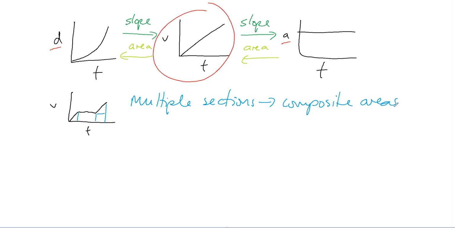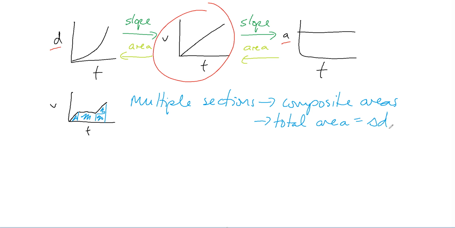That is what that is for. So when you have multiple sections, you can use composite areas, where I'd have the area of this triangle, then this rectangle, then this square, and then this triangle, and you would add the areas together. So then, of course, your total area would equal your change in D.